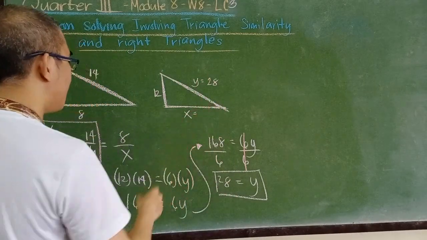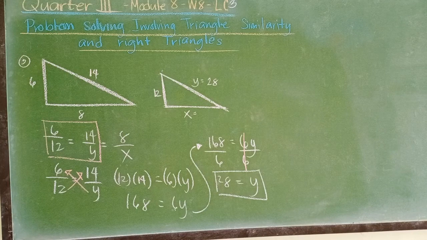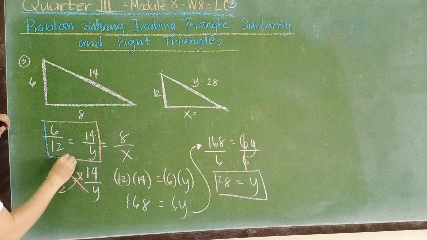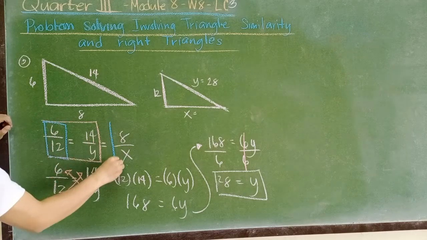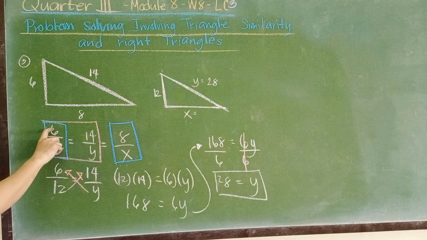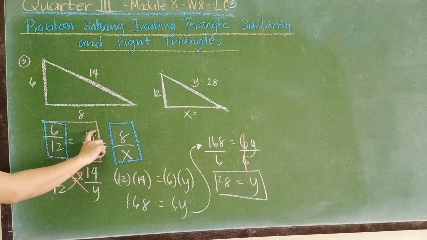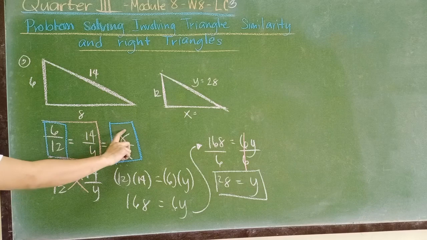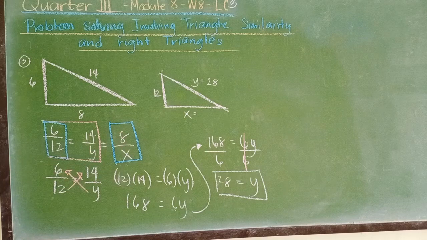Next, ano naman yung value ng x? So, ang next pair na gagamitin natin will be yung 6, 12 at saka 8 over x. So ito yung hinahanapan mo ng pares. Ito tsaka ito yung una. Tapos 6 over 12 tsaka 8 over x naman yung susunod. So i-write natin.